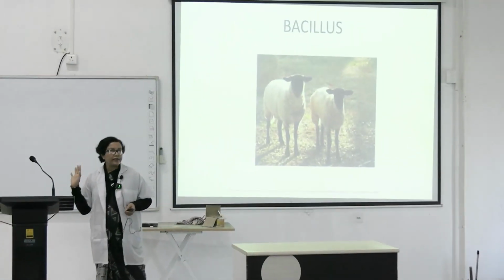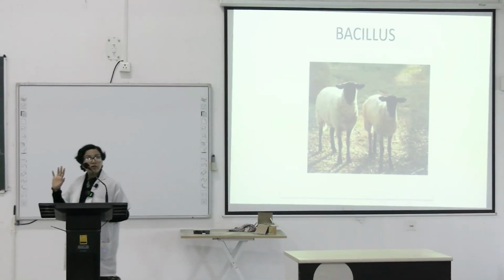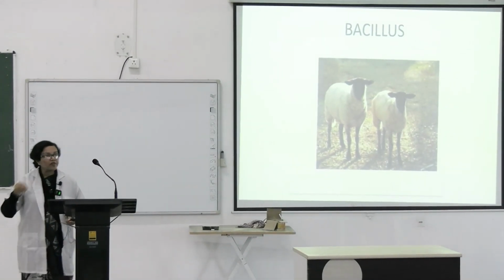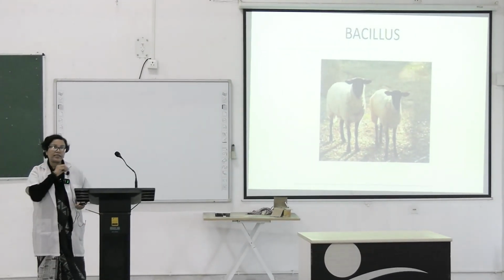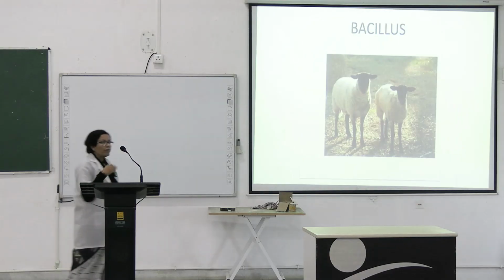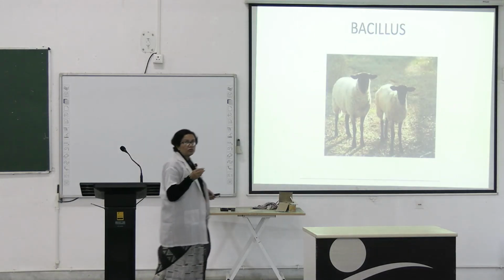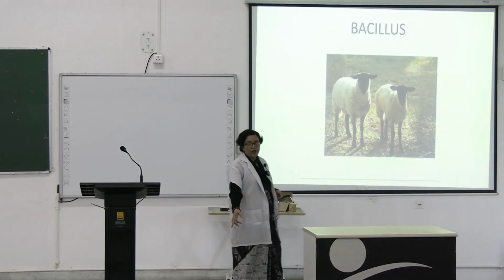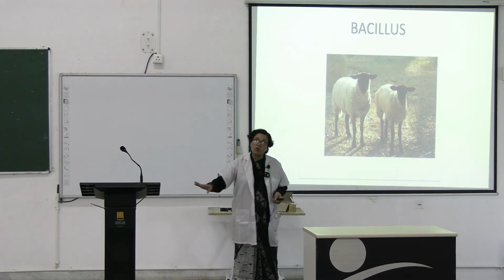Spore is infectious. Spore is not present in the living animal, but when the animal is suffering, bacilli are within that animal. So bacilli shed from mouth, nose and rectum into the soil. In the soil, it develops into spore.